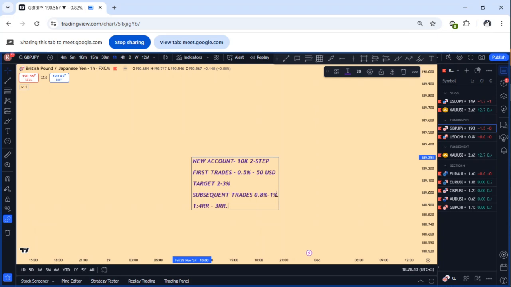At the same time, you have commissions that you need to pay. Now, if you are holding even trades, the commission becomes ridiculous, and therefore, if you are risking 50 USD to target 150 USD, most probably you're not going to get this. You're going to get around 120 or 130 USD.